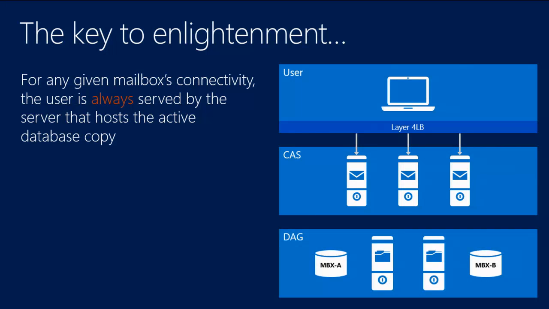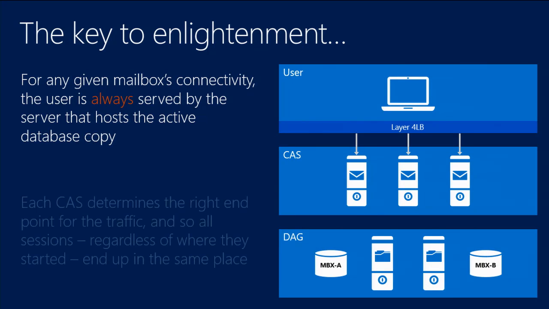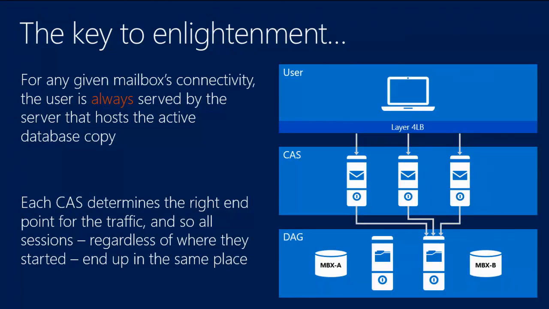Now, in 2007 and 10, this was a bit of a no-no. In 2013, we're able to do that because each CAS then uses the Active Manager. It does a directory lookup and Active Manager to figure out where the user's mailbox is at any point in time. And the real advantage is beautifully simple in its operation, in the sense that the user's mailbox moves from server to server, but the client's still connected to CAS, and it's just the CAS that's moving the connections around between the CAS and the mailbox server.